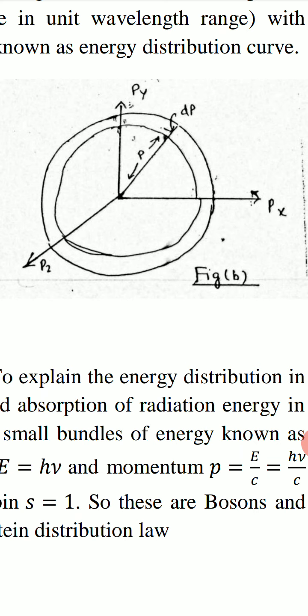So the volume of momentum space in momentum range p to p plus dp is determined in this way, and it is equal to 4 pi p square into dp.